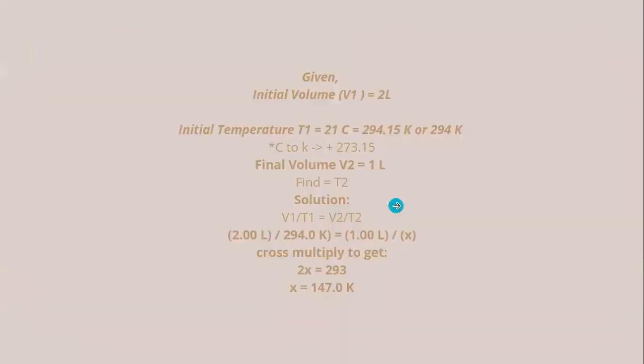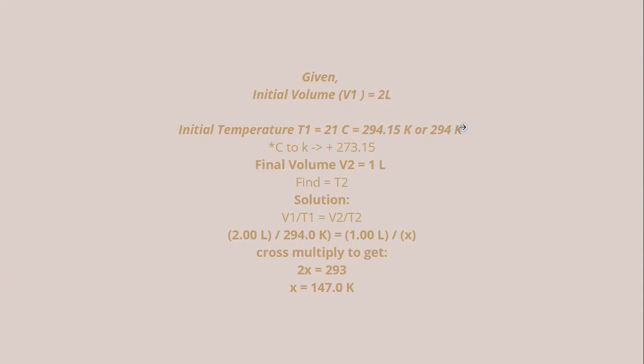1 liter. So here it is given that the initial volume is 2 liters and there's the initial temperature. So here we have to convert Celsius to Kelvin. So we just have to add 273. Here we get 294.